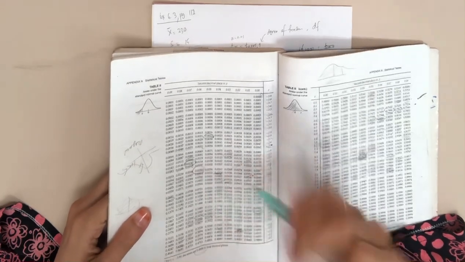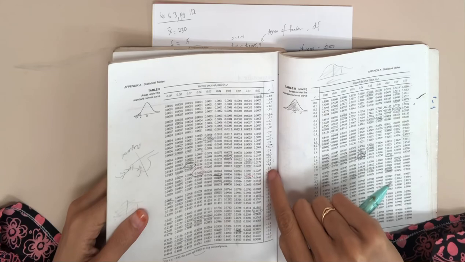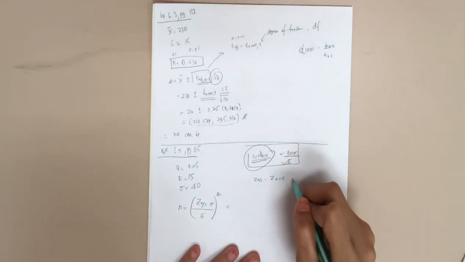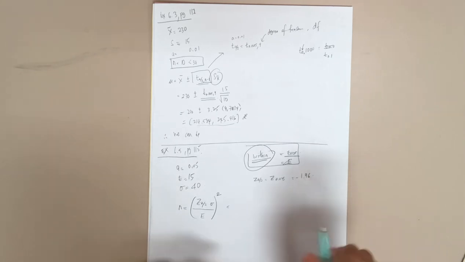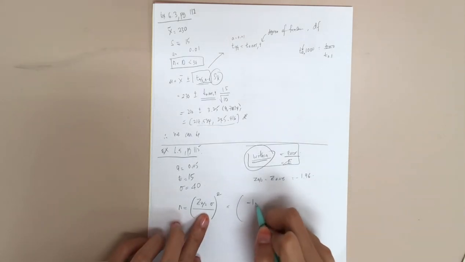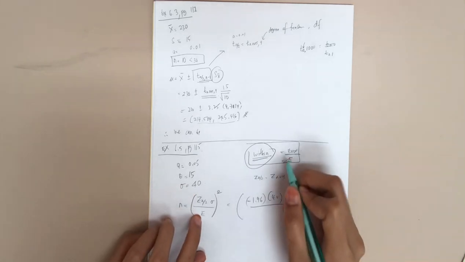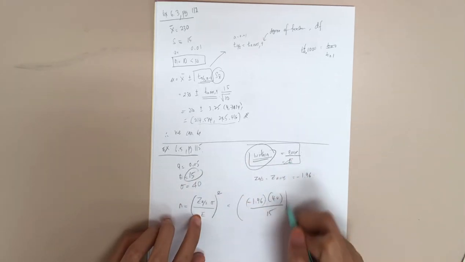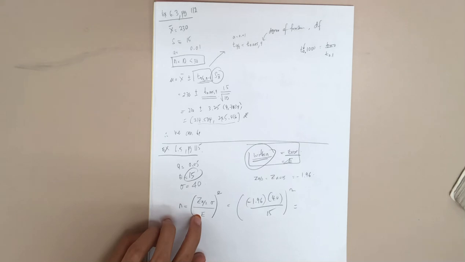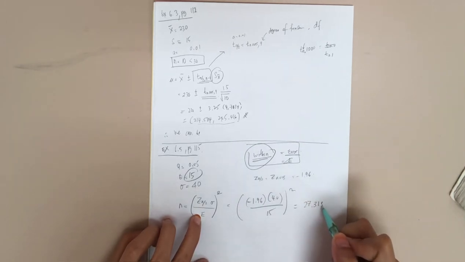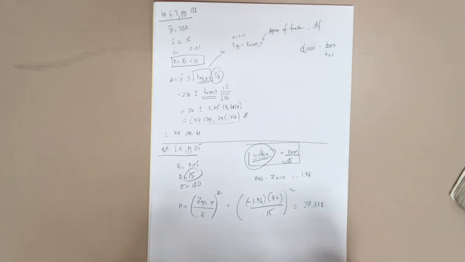This one is located at negative 1.96. Okay, so just substitute all this here. What is the sigma just now? 40. What is the error just now? 15, and then power 2. So you will get 27.318.